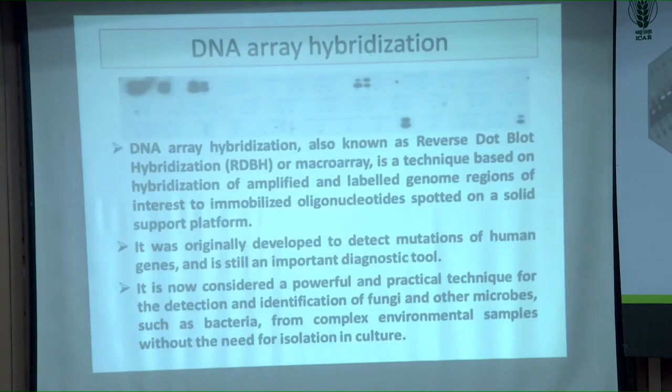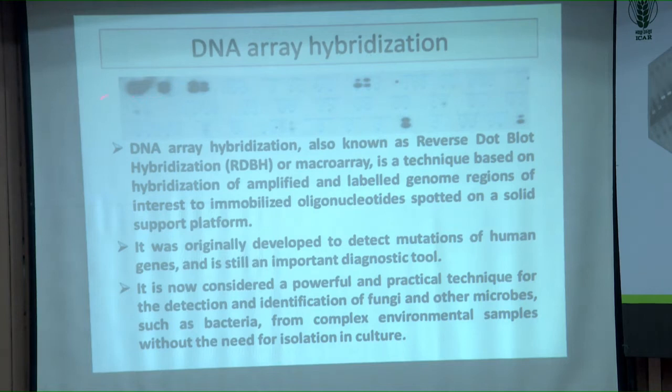Then DNA array hybridization is another method. One is microarray, the other is macroarray. These are macroarray based detection. DNA array hybridization, also known as reverse dot blot hybridization or macroarray, is a technique based on hybridization of amplified and labeled genome regions of interest to immobilized oligonucleotides spotted on a solid support platform.